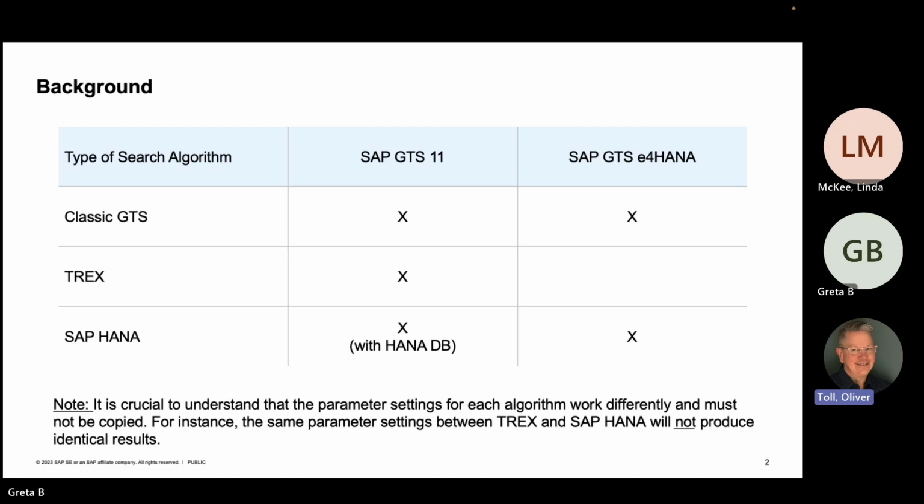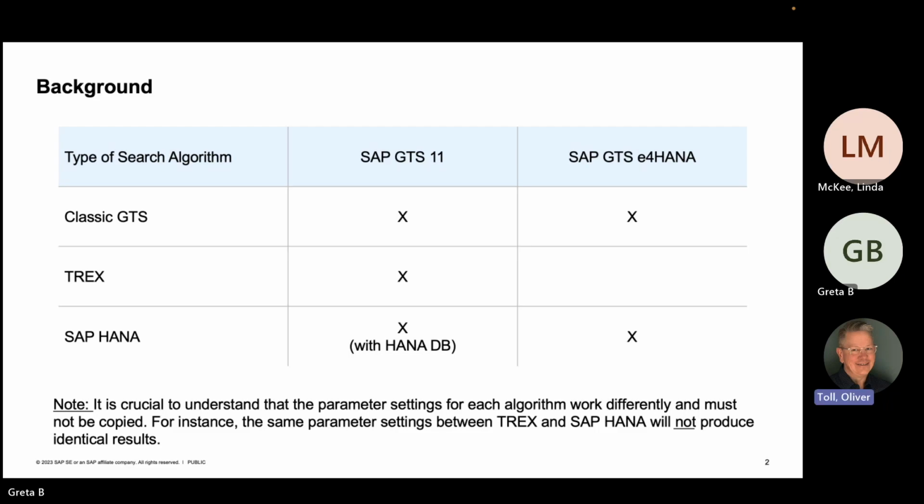So as you can see on the screen, there is still the classic GTS search and the highly recommended HANA search. As mentioned, the T-Rex is part of the simplification and is completely retired.